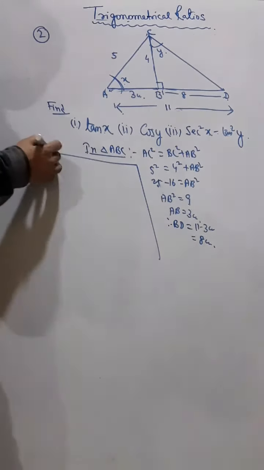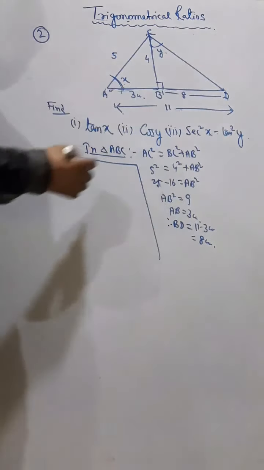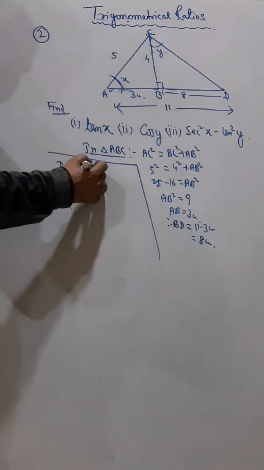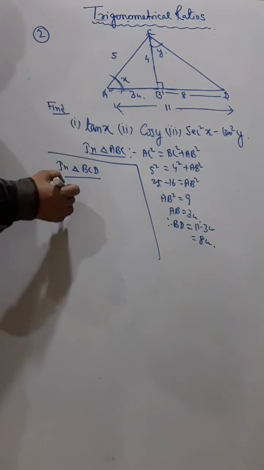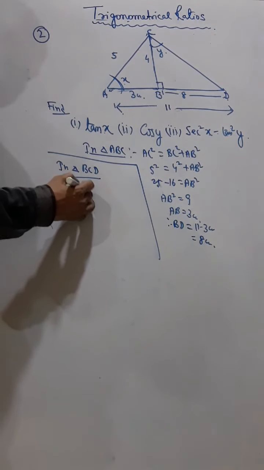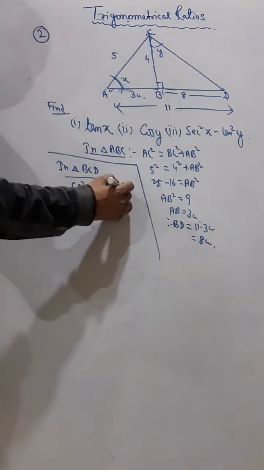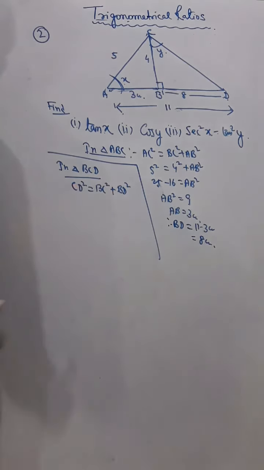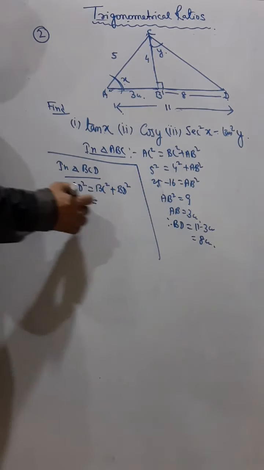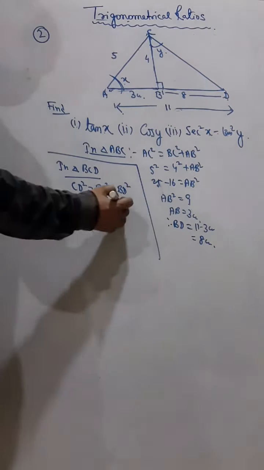Okay, and now in this triangle we can get CD. So we can say now in triangle BCD, again this is hypotenuse, so we can say CD square is equal to BC square plus BD square. So BC is 4 and BD square, that's 8 square.